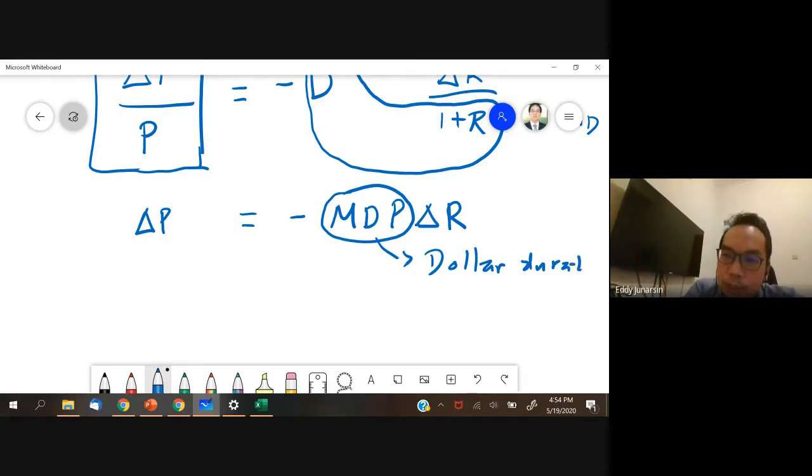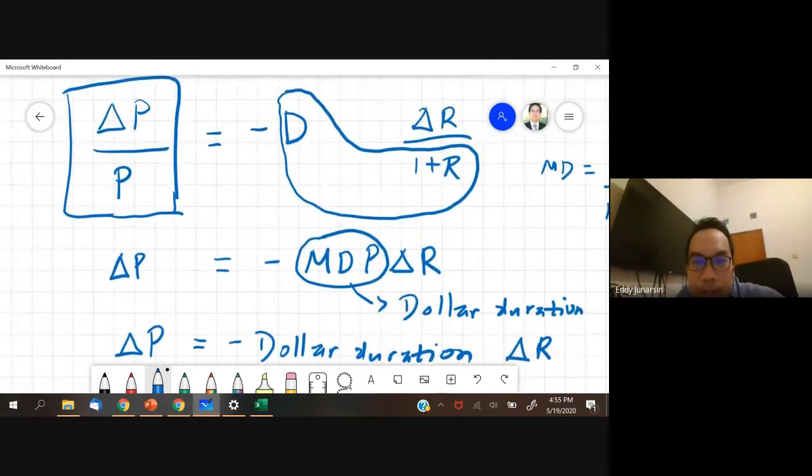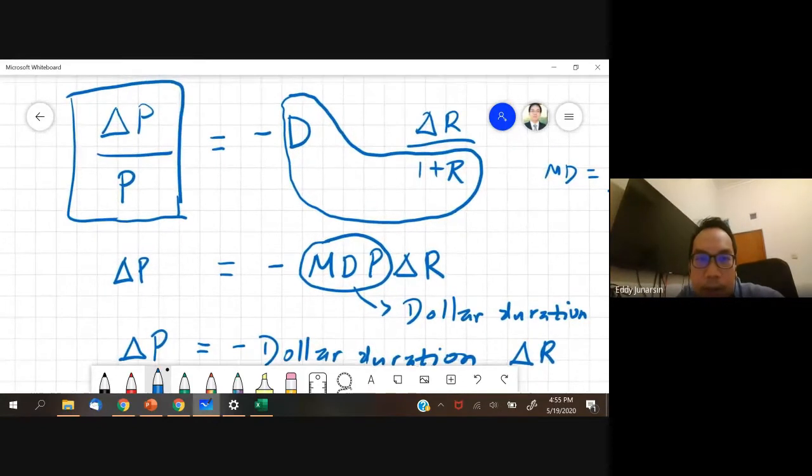Just a terminology, right? So the change in price could be estimated as minus dollar duration multiplied by the change in interest rate. These are just reconfigurations of equations, right?